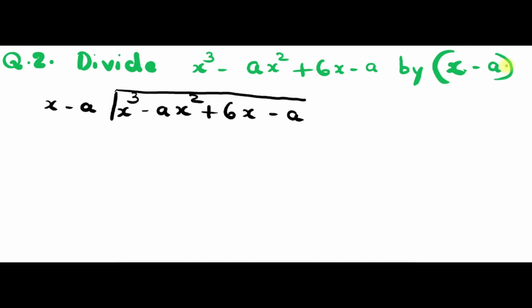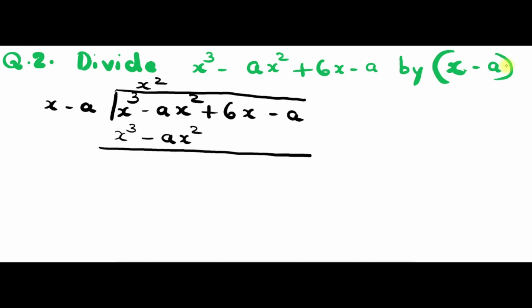So, first I am going to divide x cube by x, then I will be getting x square, then multiply this x square with x minus a. So, x square into x will give you x cube, x square into minus a will give you minus a x square.